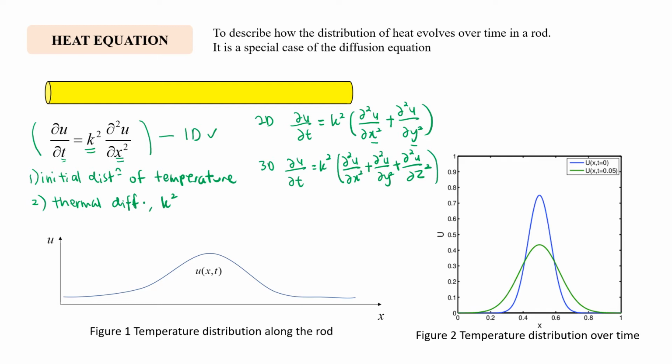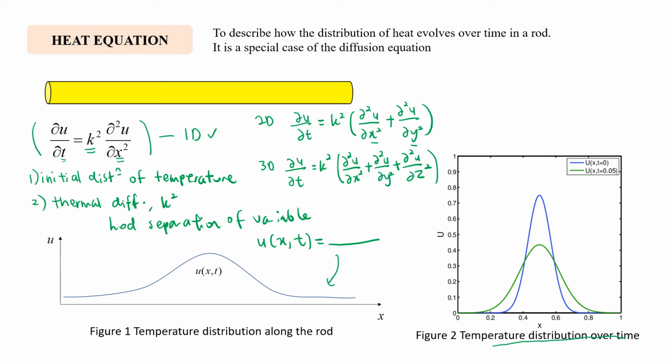To obtain the solution of this PDE, you need to solve it using the method of separation of variables, so that from here we can get the solution in terms of u, x, and t. From this solution, we can get the temperature distribution along the rod, and also the temperature distribution over time.